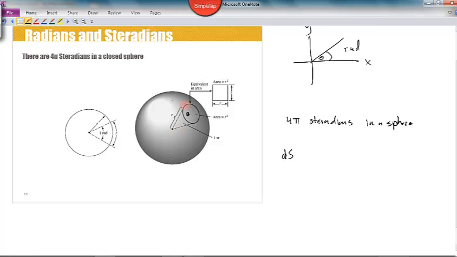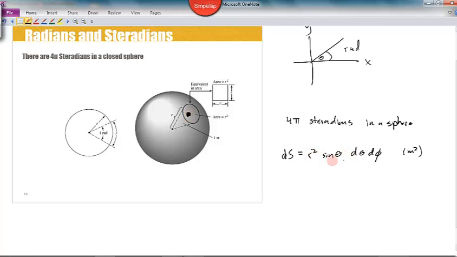And in spherical coordinates, how can I determine the formula for the ds element in terms of the spherical coordinate systems? Well, it's going to be the radius squared of the sphere on whose surface I'm on. I'm going to take the sine of theta, and I'm going to say d theta d phi. This is a differential surface element. It's meter squared.